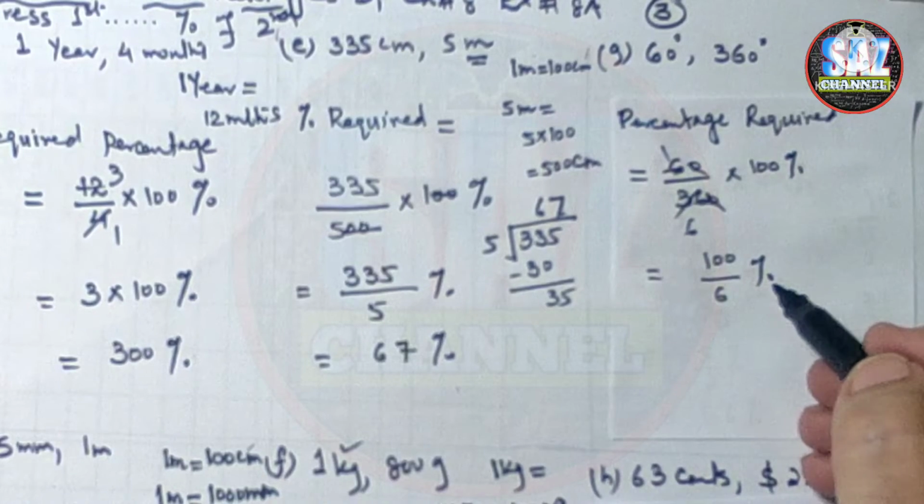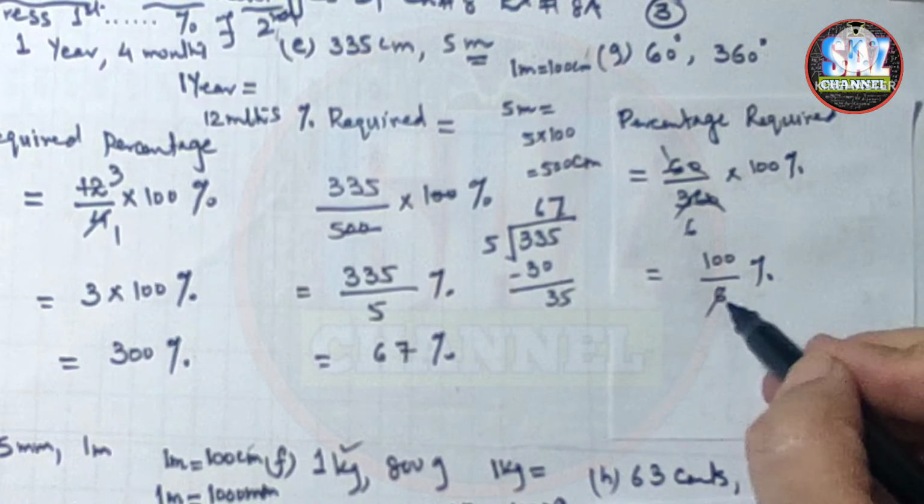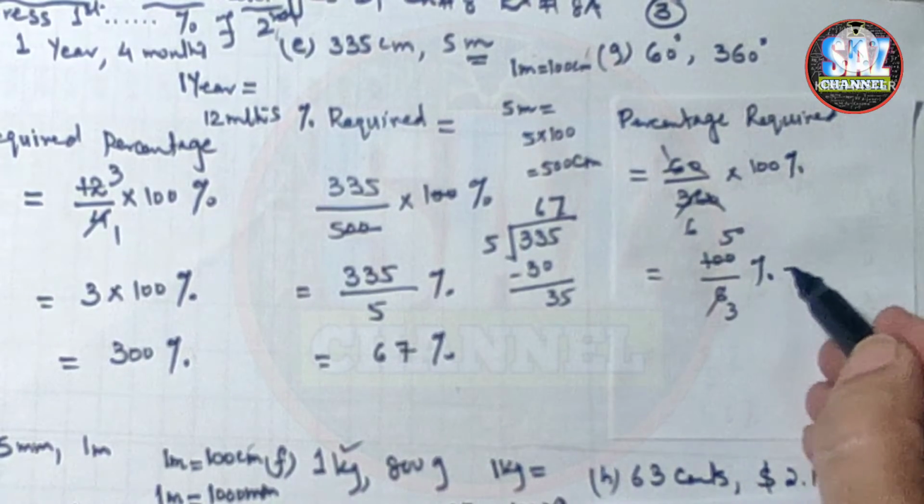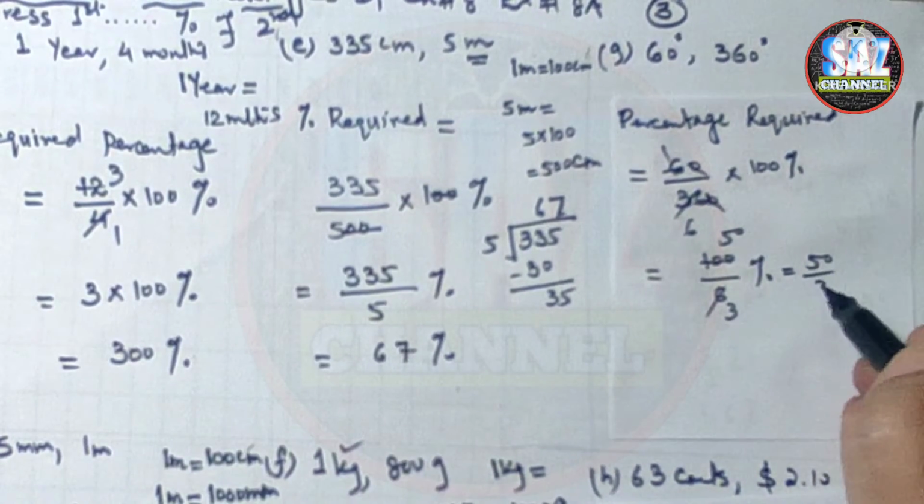And 100 divided by 6, 2 3s are 6 and 2 50 times are 100, this is 50 by 3%.